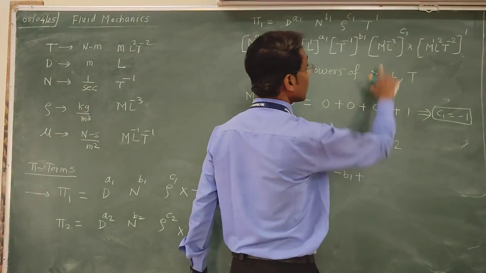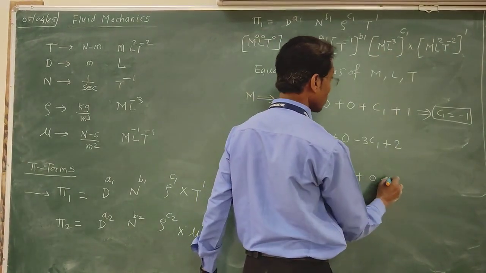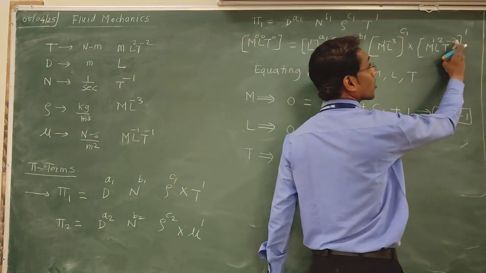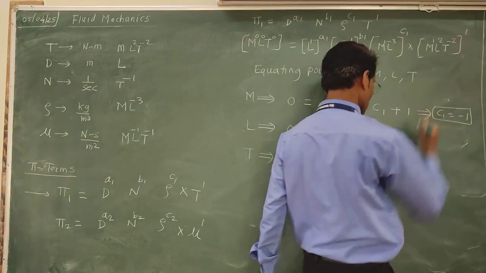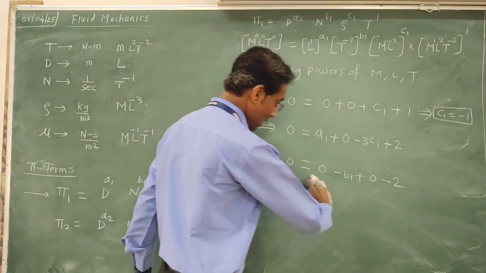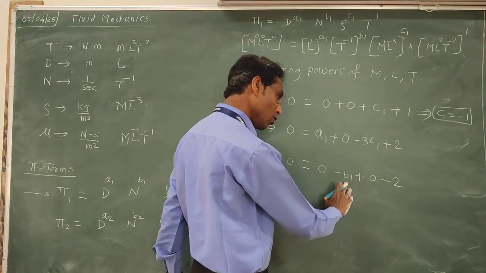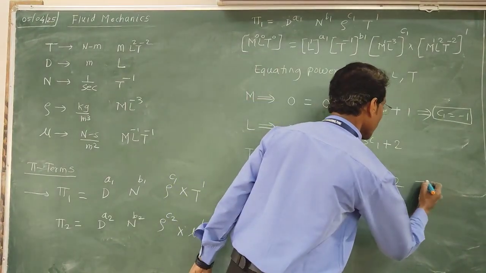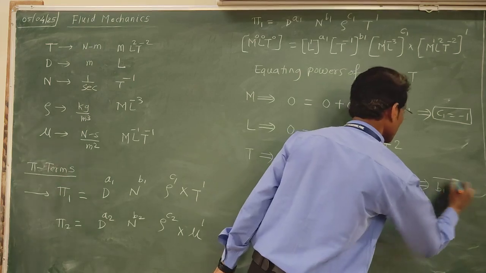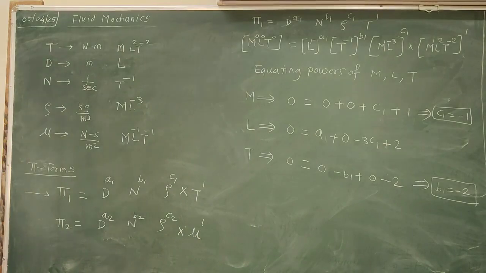Plus, T is not present, so 0. Here T is present, the product of minus 2 into 1 is minus 2. By solving this, what will be the value of B1? B1 will be equal to minus 2.